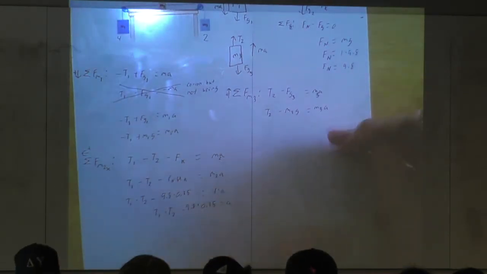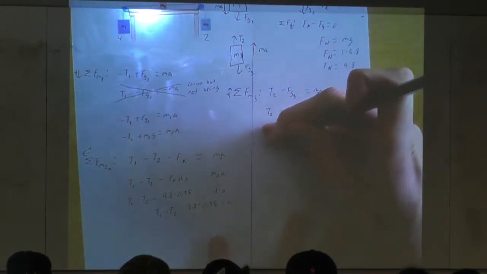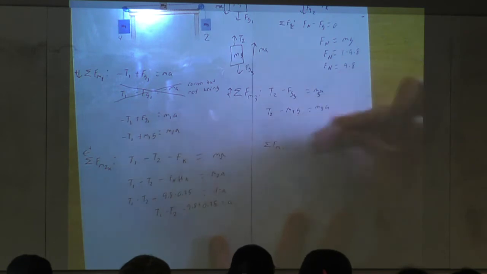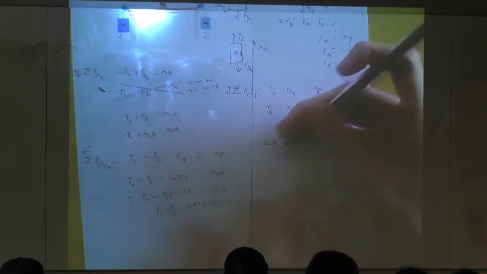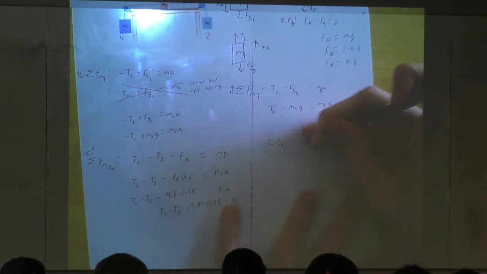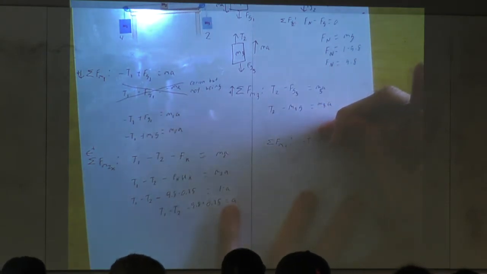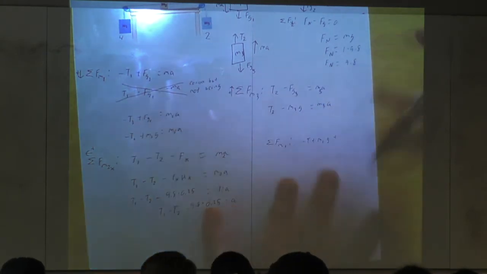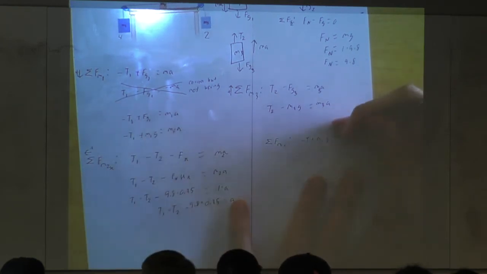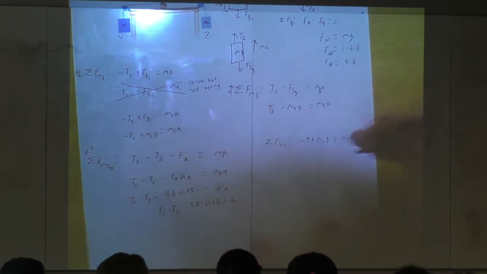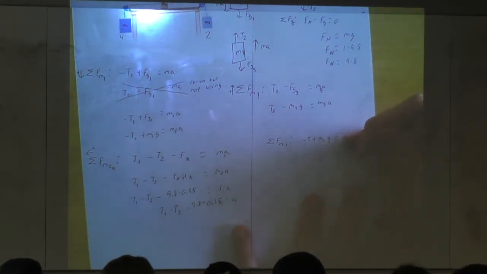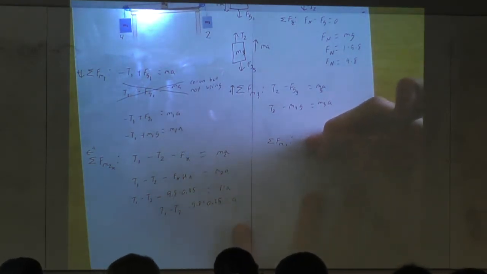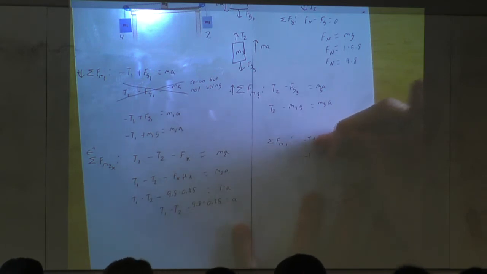So if I go back to, so M1 was 4, so 4A minus T plus 4 times 9.8.